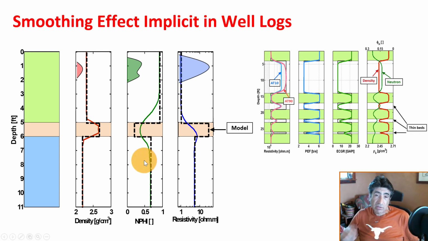And lastly, for resistivity, which has the largest volume of investigation, look at this. We have a severe smoothing of the property of the intralayer here. And because of that averaging, we're no longer able to define the property right here.